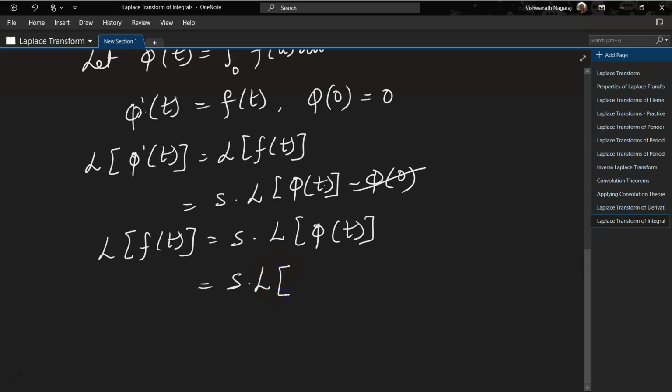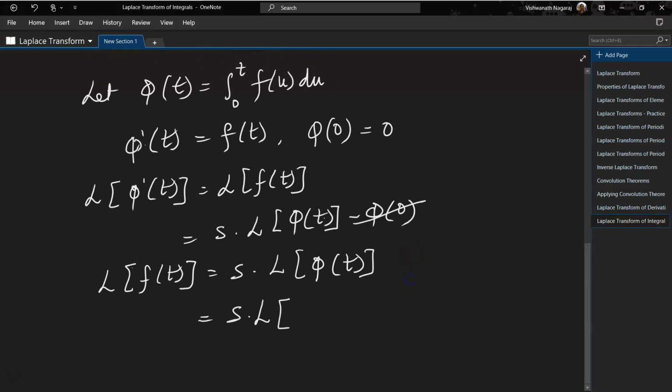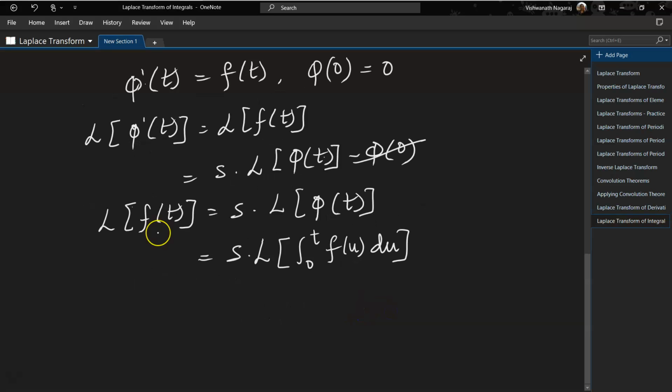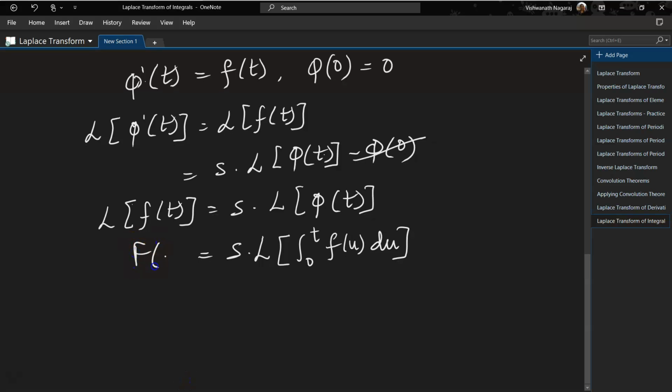Now Laplace of phi of t is the integral, so the integral 0 to t of f of u du. Okay, and this Laplace of f of t can be written as capital F of s.